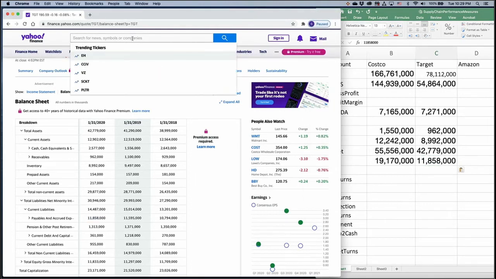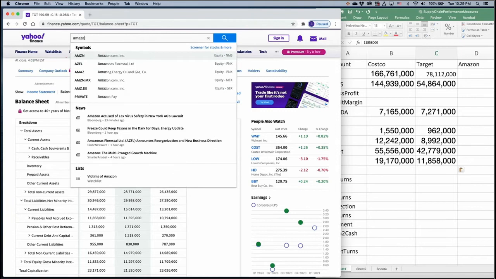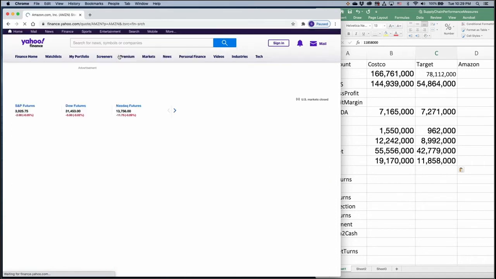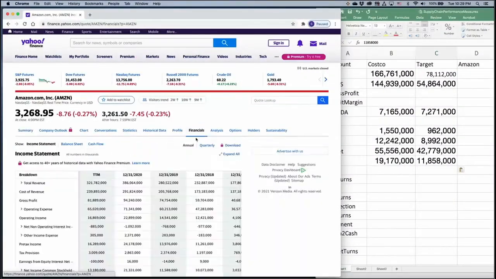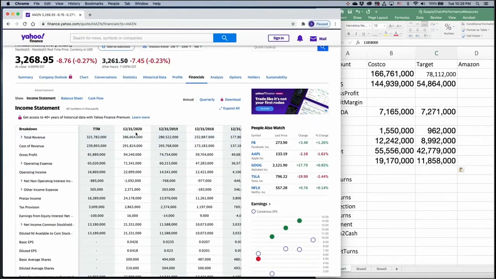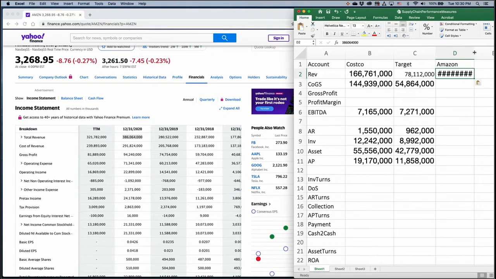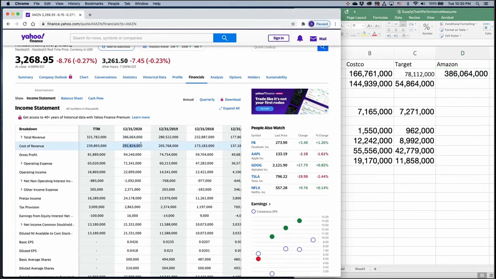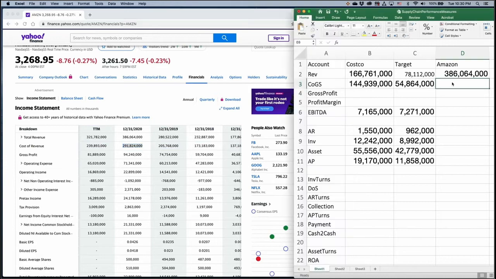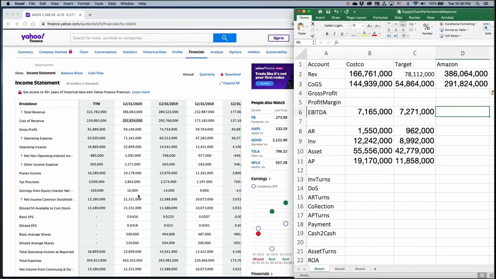To get Amazon information, you can type Amazon here, then AMZN is the Amazon stock symbol, and click financials again, and then basically they closed 2020 December, and the total revenue, cost of goods sold, cost of revenue, and also you can compute the EBITDA.